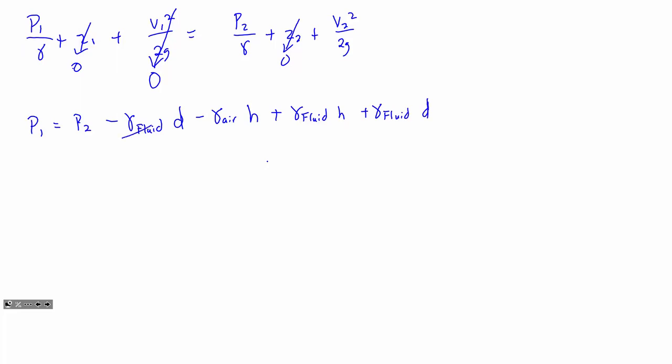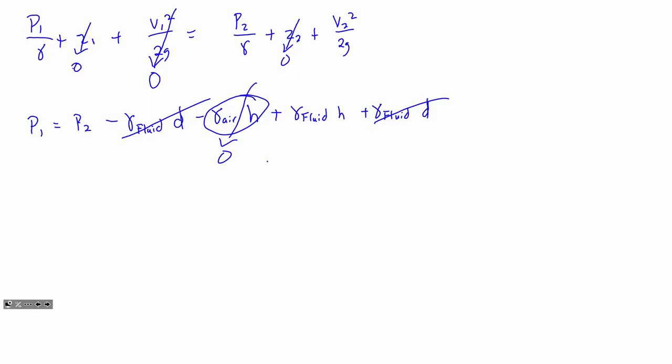We see here that our gamma fluid times d cancels out. And gamma air times H, the specific weight of air relative to the specific weight of the fluid, is going to be really small, right? The density of air is much, much less than the density of our fluid. So we can say that this term is pretty much 0.